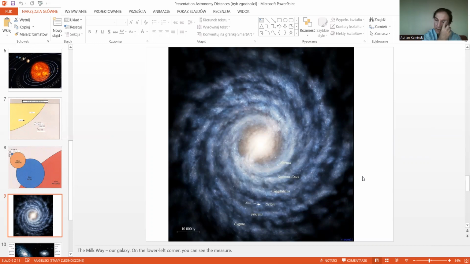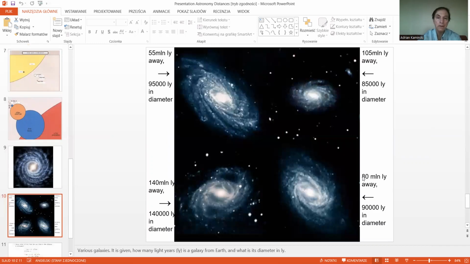This is a typical form for a galaxy, but not all. Some other galaxies, if you would like to compare distances from us and their diameters, for example, this galaxy is 55 million light years away and has a diameter of 95,000 light years.